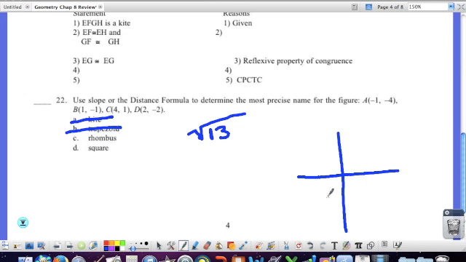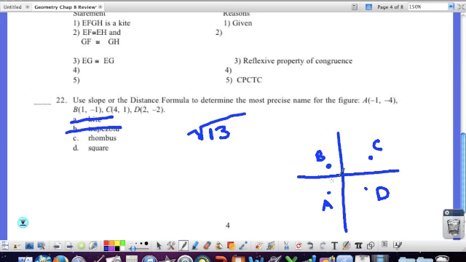So I had A, which would be like down here, and then I had B, which would be in this quadrant, C, which would be in this quadrant, and D, 2, negative 2, which in this quadrant is B.